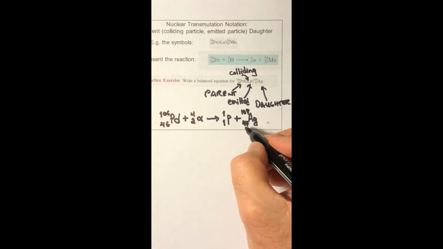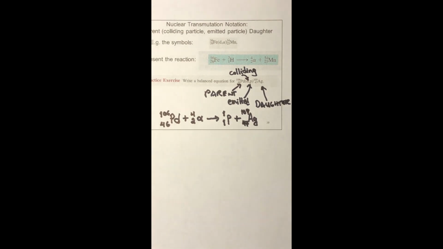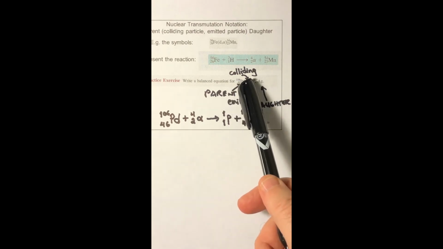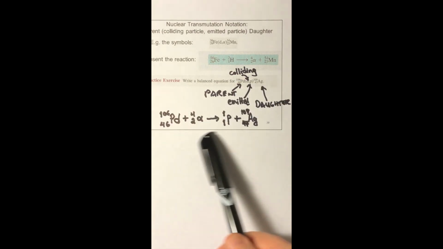And over here, 1 plus 47 is 48 also. So we are balanced in terms of the nuclear charge or atomic numbers. All right, that's how you interpret this shorthand notation of a transmutation reaction and convert it into the balanced nuclear equation.